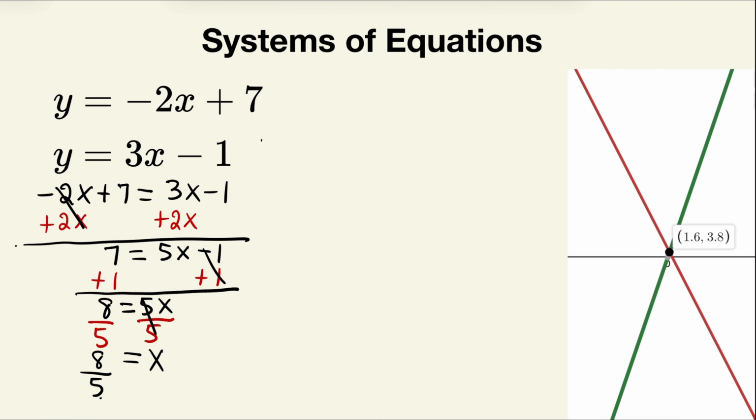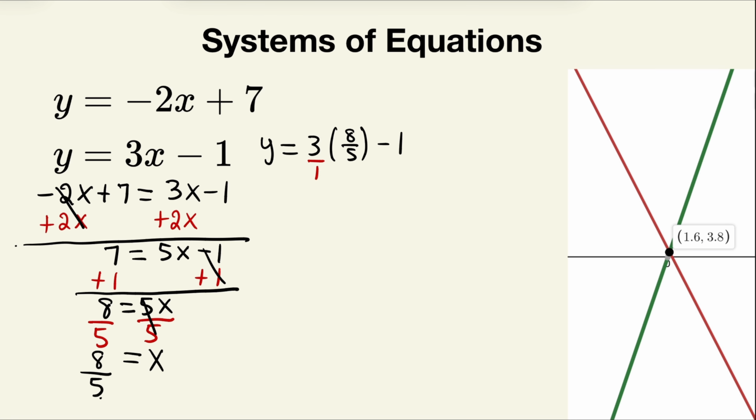And so that is y equals 3 times 8/5 minus 1. So you can see here that we have the whole number of 1 is the same as if you wanted to write this over 1. So you can see what's going on. And you're going to multiply across the numerator and across the denominator. Okay, so let's go ahead and do that.